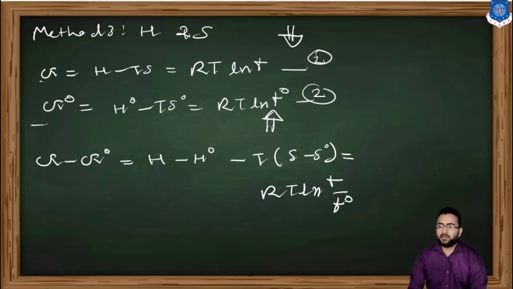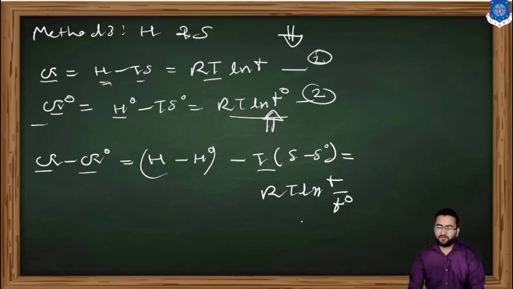Taking G minus G naught, first we take H minus H naught, then minus T as common, S minus S naught, and on the other side RT common, ln f minus ln f naught, which we can write as ln f upon f naught.